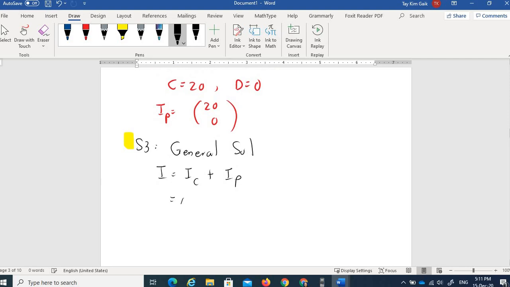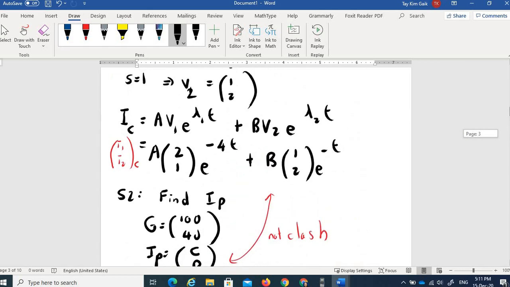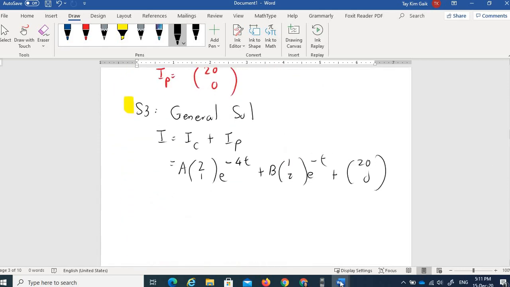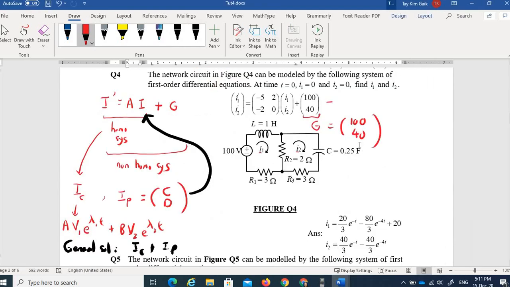IC just now you have A times (2, 1) exponent negative 4t plus B times (1, 2) exponent negative t. Your IP is (20, 0). So this is the general solution.